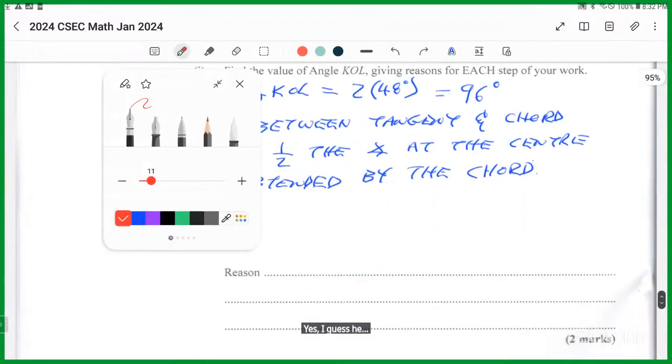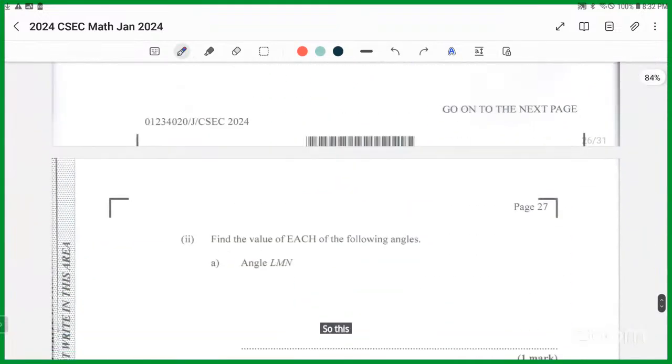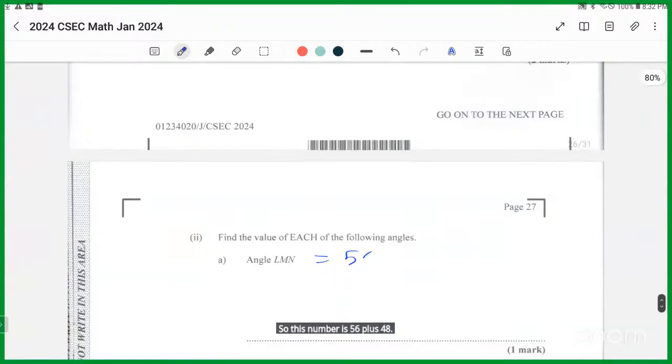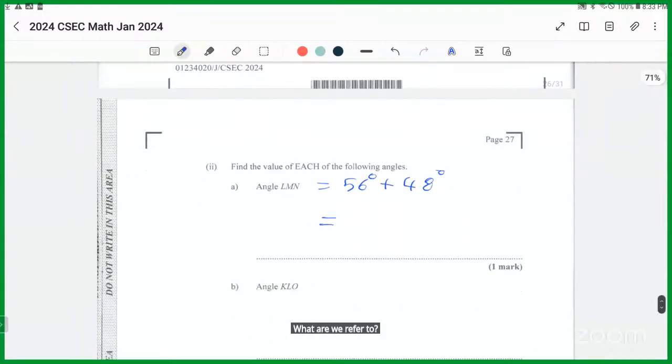Good. So 56 plus 48, what does that work out to? 104 degrees. I didn't put any line for you to put any reason, right? Just wanted to calculate it.